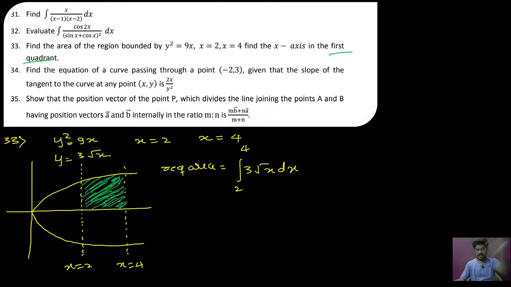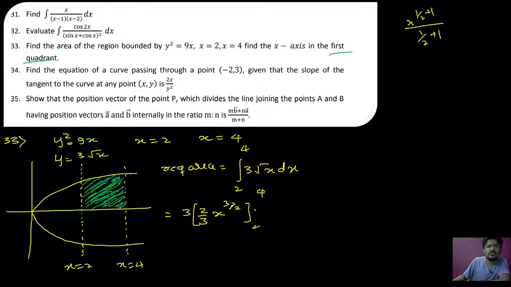The integration from 2 to 4: 3 is constant, so you write it outside. Integration of root x is x to the power of 1 by 2 plus 1, that is 3 by 2, so that will be 2 by 3 x to the power of 3 by 2, from 2 to 4. You can cancel 3 and 3, and you will remain with 2. The upper limit is 4, so you write 4 to the power of 3 by 2 minus 2 to the power of 3 by 2.